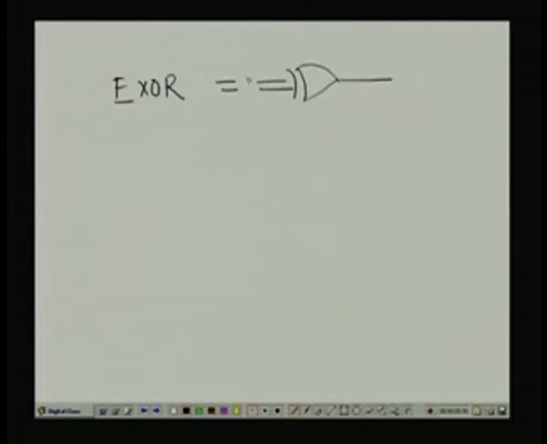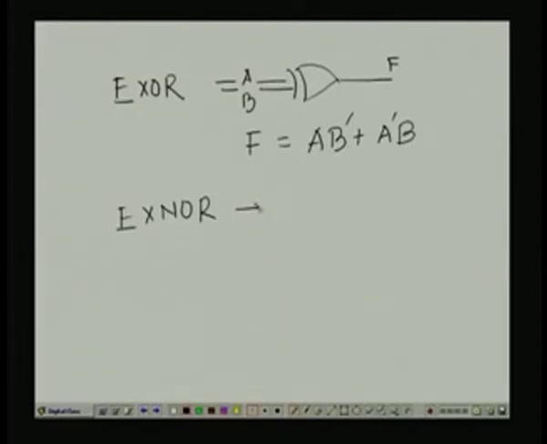So, this is a 2 input XOR, A B and F, where F is A B dash plus A dash B. Now, similarly, XNOR is say 2 input XOR followed by a NOT. Normally we give the XOR notation like that.